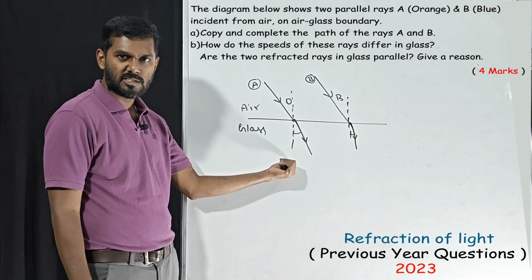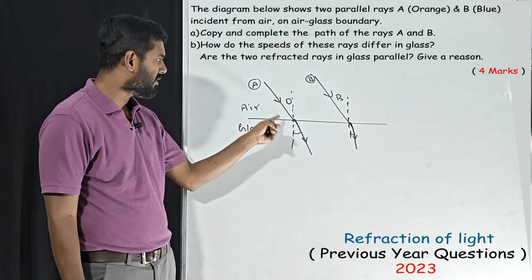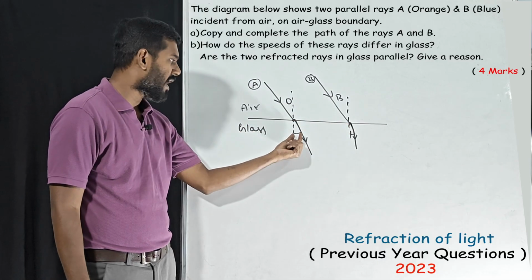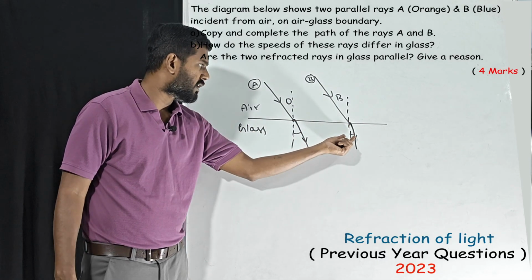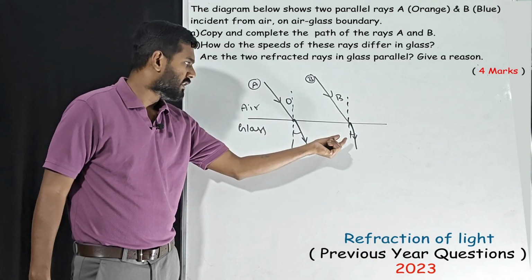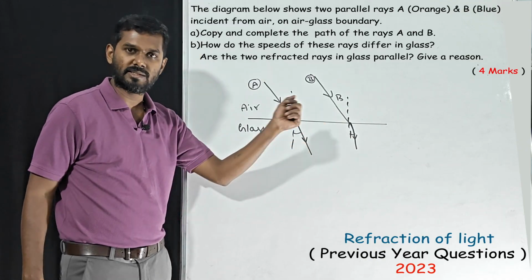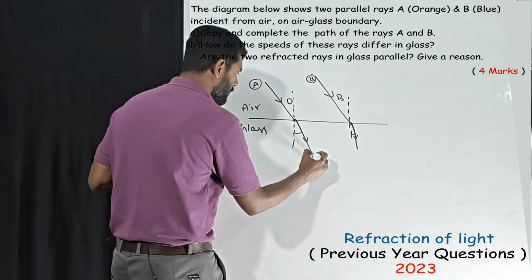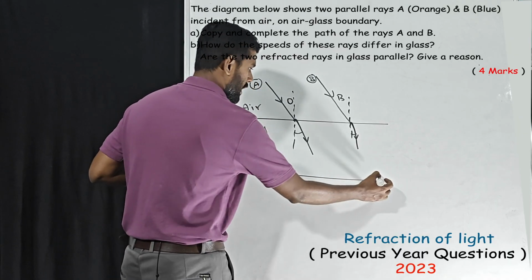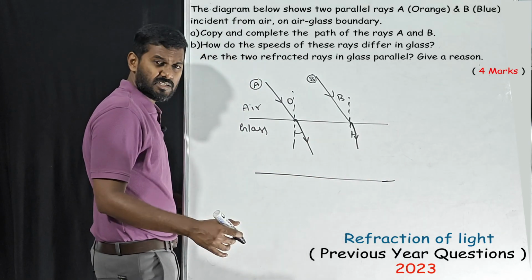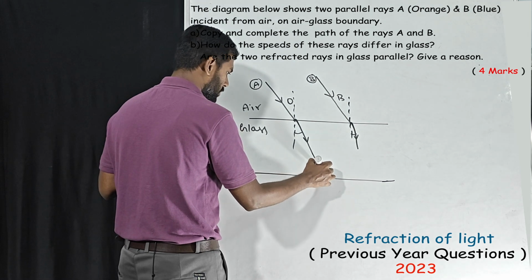The color which has maximum wavelength compared to the other color will have the angle of refraction a little more. The color which has less wavelength, the angle of refraction will be less. Keep this in mind. Now again assume this is the other edge of the glass, then they are going to hit here.